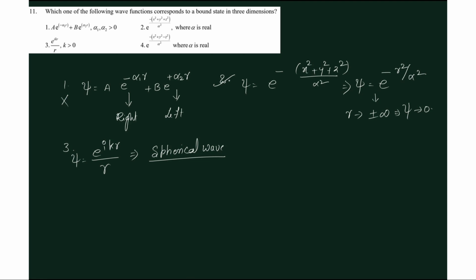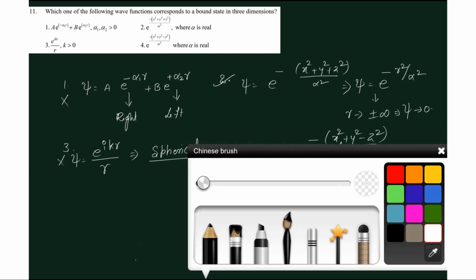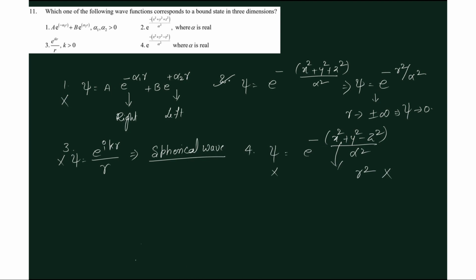So we can't take this either. The fourth one is psi equal to e raised to minus of x square plus y square minus z square by alpha square. Unfortunately, we can't express this in terms of r square, so this is also not a valid wave function. So the final answer is the second one.